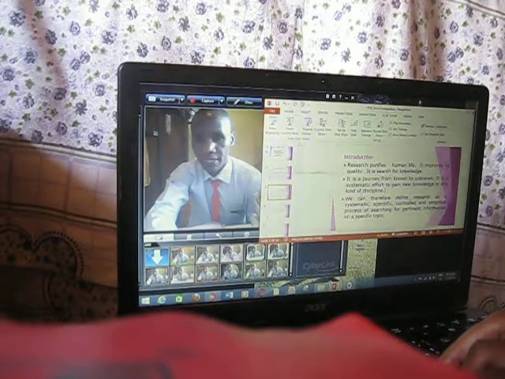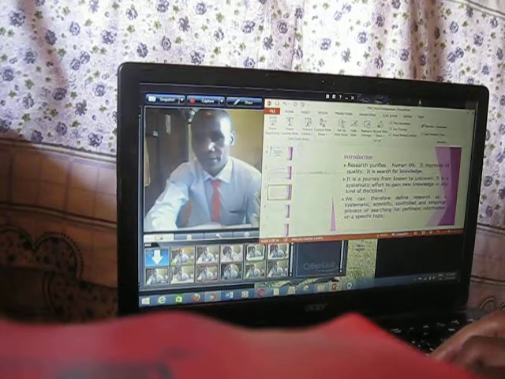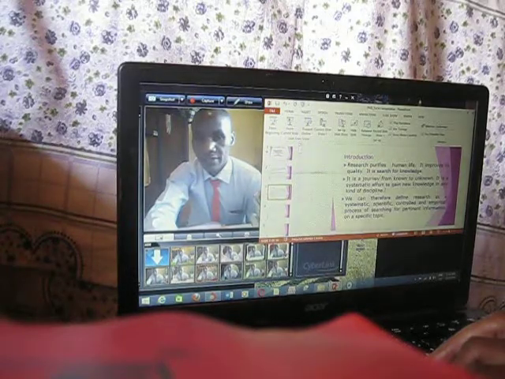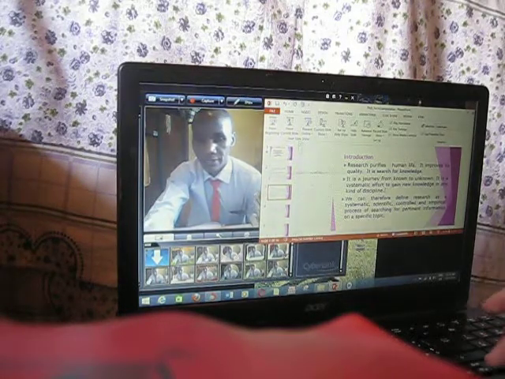Scientific means that its processes and the steps are well known. It's controlled because it is done within a scope. And it is empirical because it is based on evidence, that's the data collected.